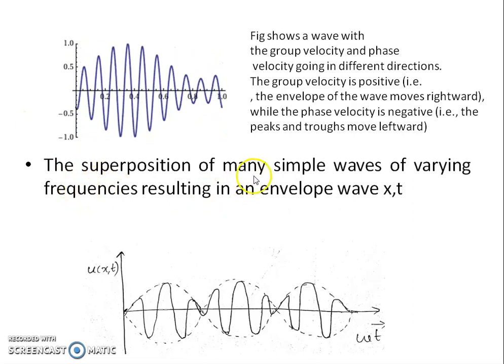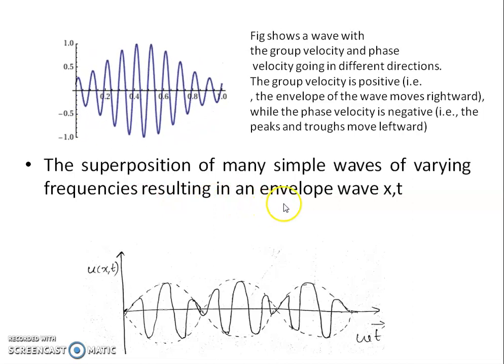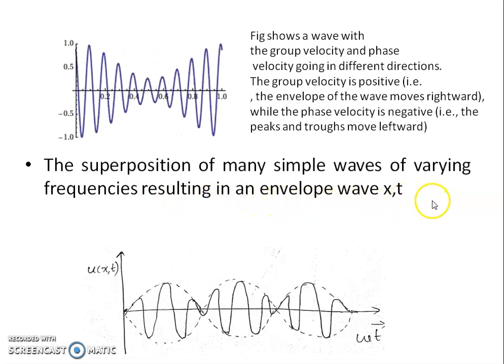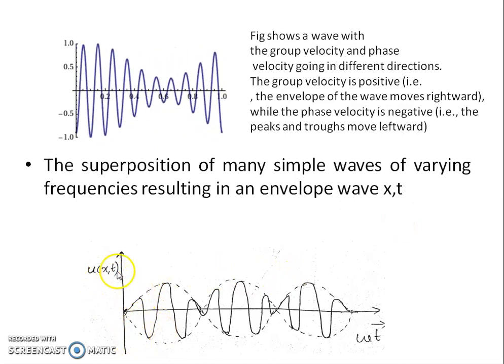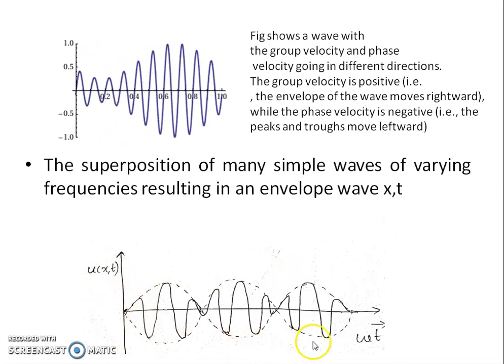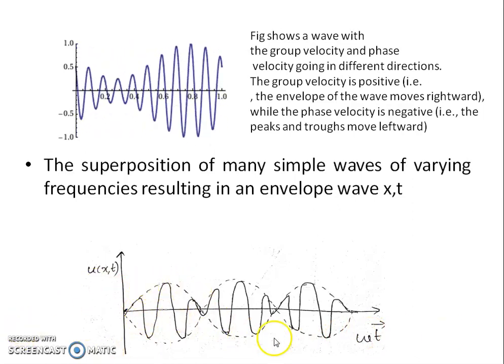So the superposition of many simple waves of varying frequencies results in an envelope wave. Here we are considering this u of x comma t. It is a wave propagating in this direction. This is the envelope.